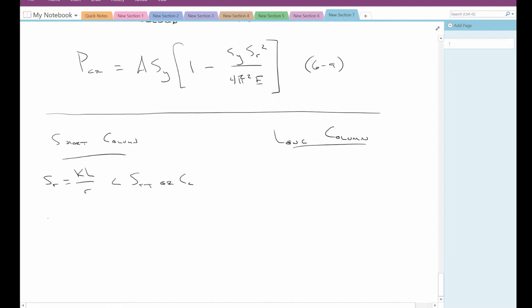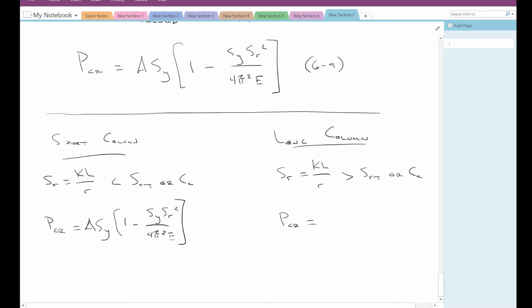Then we use P critical equal to A S_y times quantity 1 minus S_y SR squared over 4 pi squared E. Now, if our slenderness ratio, equal to our end fixity constant times our length over our radius of gyration, is greater than our slenderness ratio in transition, or our column constant, then we're going to use P critical equal to pi squared modulus of elasticity times cross-sectional area divided by our slenderness ratio quantity squared.